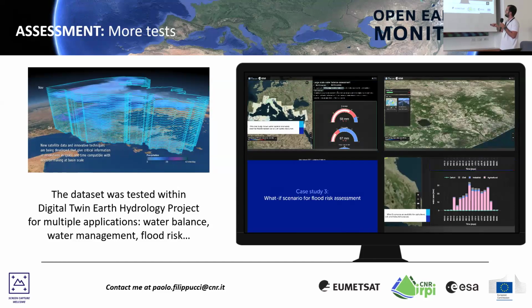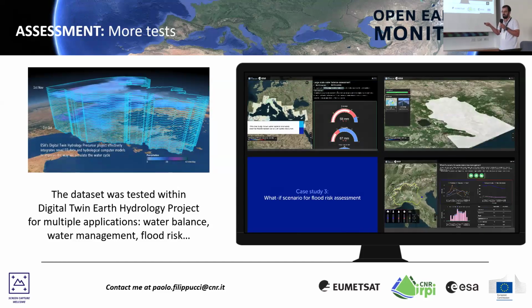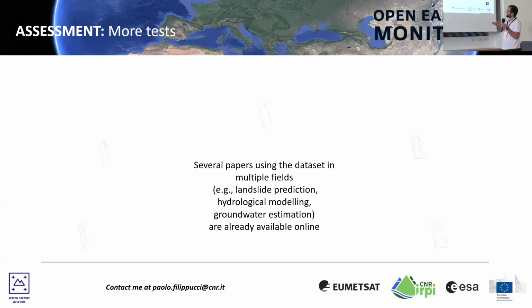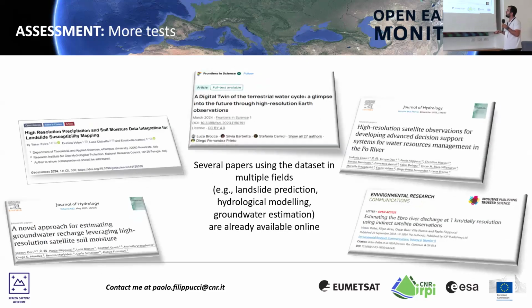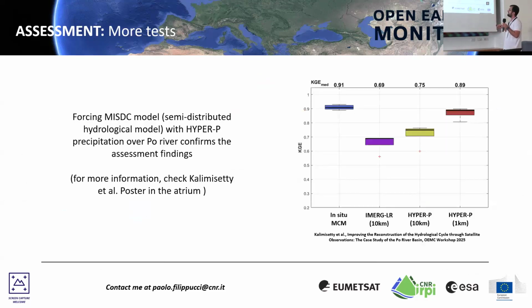There are a lot of things that I cannot explain now, clearly. We have several papers that are already available online, in which the dataset is used in multiple fields: landslides prediction, hydrological modeling, also groundwater estimation. So we are trying to test in multiple case studies.